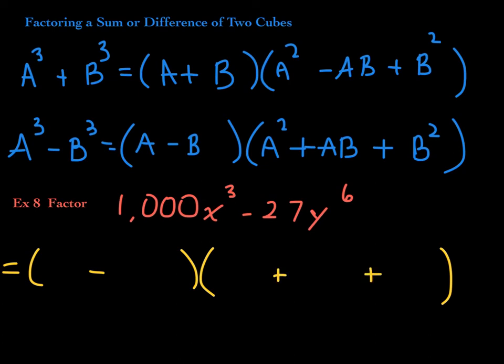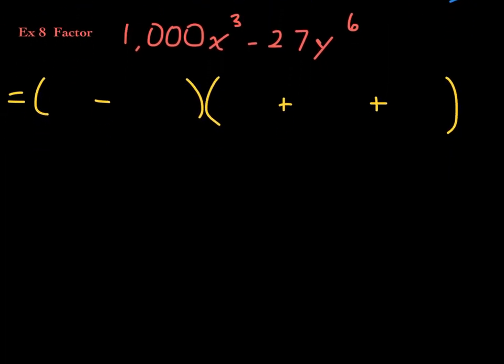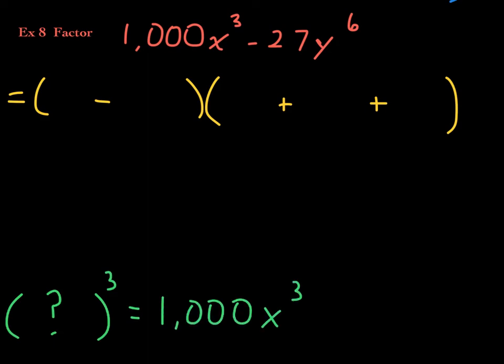Now be careful here. What do you have to cube in order to get 1,000 x cubed? Allow me to walk you through this a little bit. What do you cube in order to get 1,000 x cubed? The answer there is 10x.